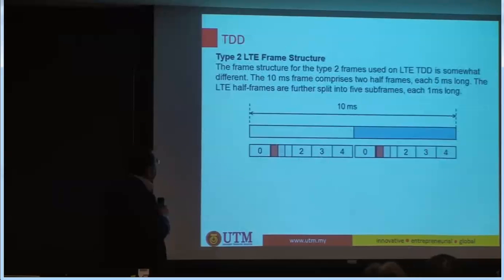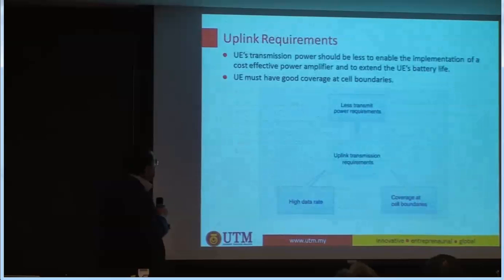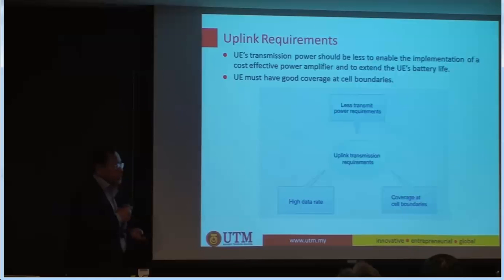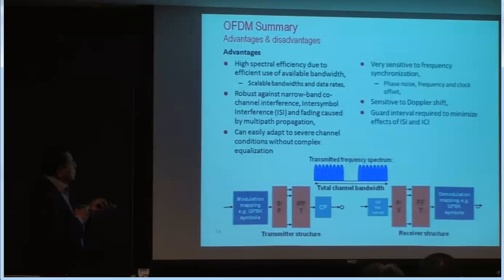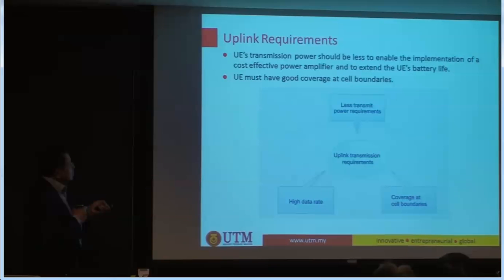Now we will see the uplink requirement. Yesterday we saw that for the uplink, the UE transmission power should be less, and the implementation should be cost effective. Have you seen the power amplifier? If you have a PAPR, as we saw earlier, you will produce a peak that will cause problems in the power efficiency of the power amplifier and also the battery life, right?